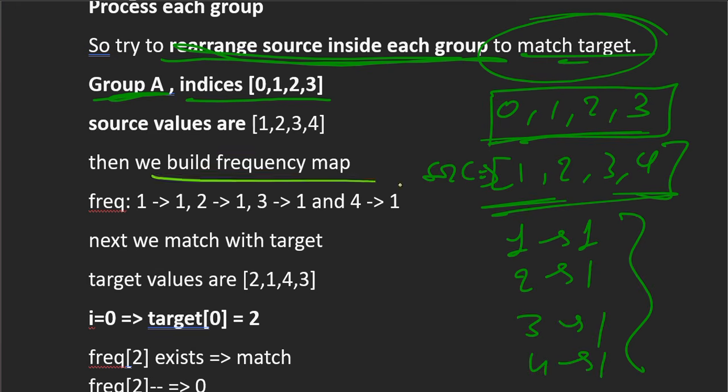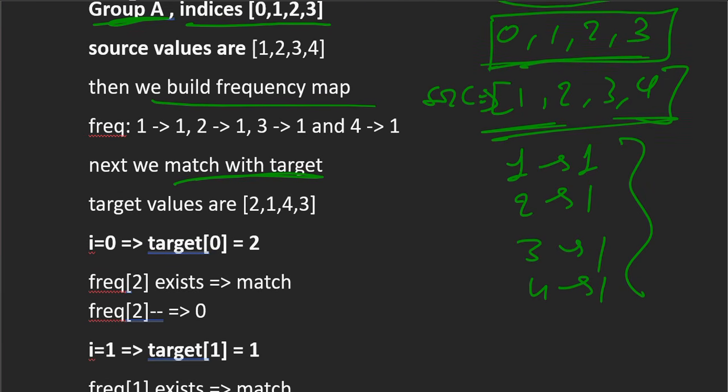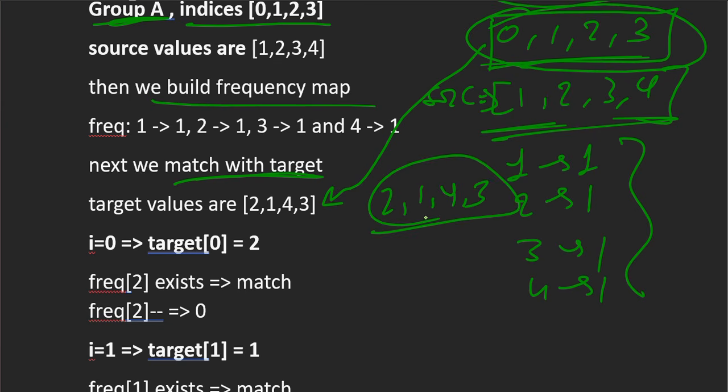After making the frequency map, we match it with the target array. At indexes 0, 1, 2, 3, we have the values 2, 1, 4 and 3 in the target array.